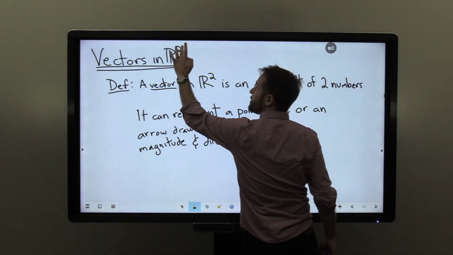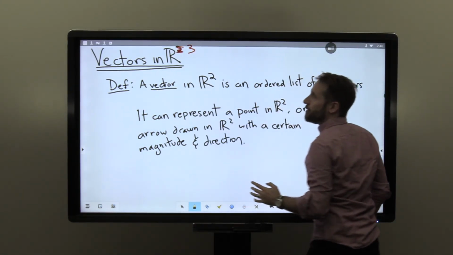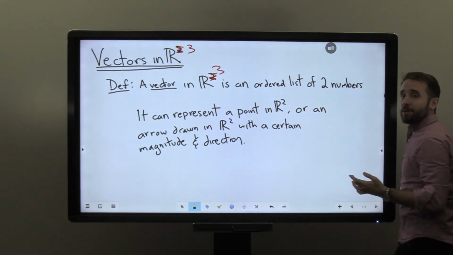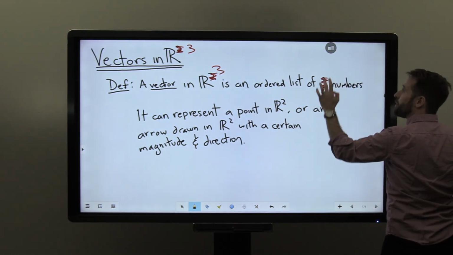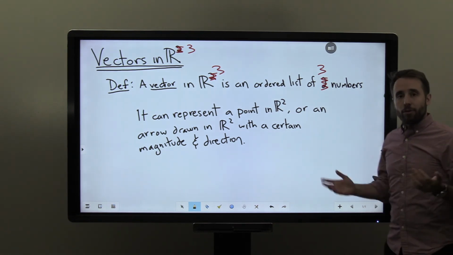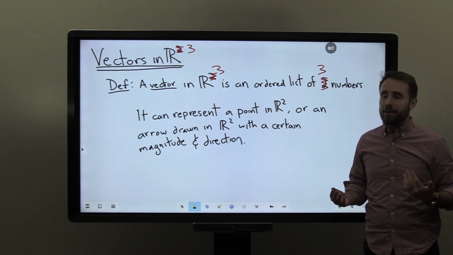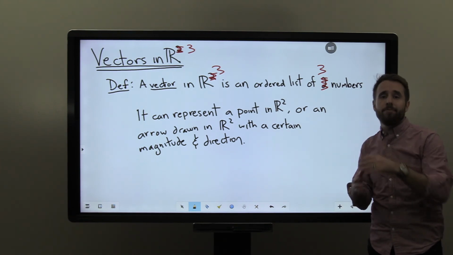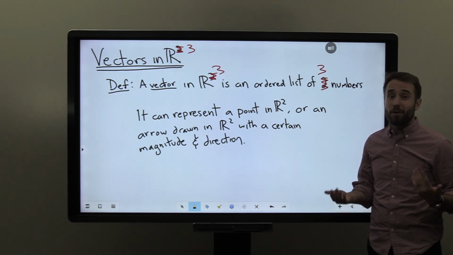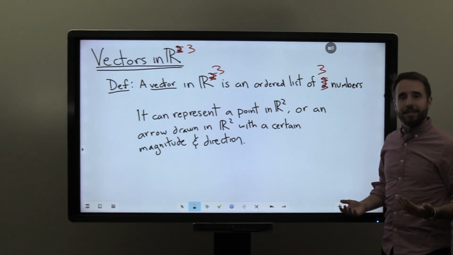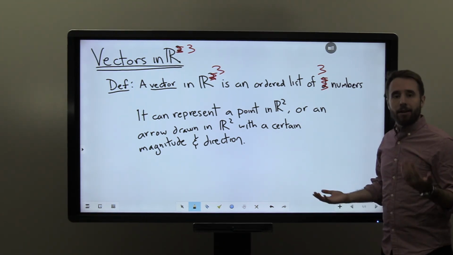For example, a vector in R3 is simply going to be an ordered list of 3 numbers. We can think of that not as sitting in the xy plane, but in xyz 3-dimensional space, or R3. Many of these ideas will scale up to vectors in higher dimensions.